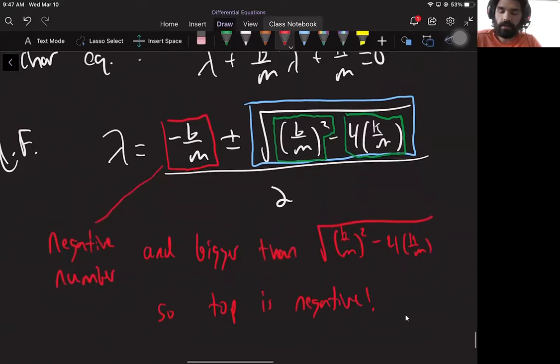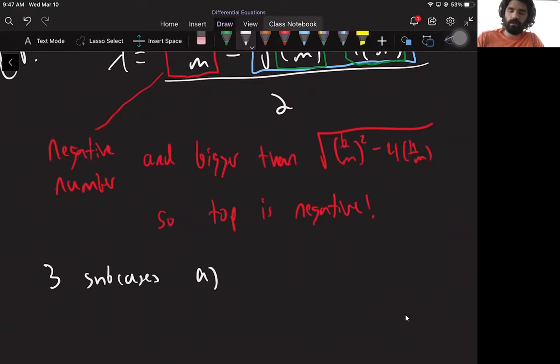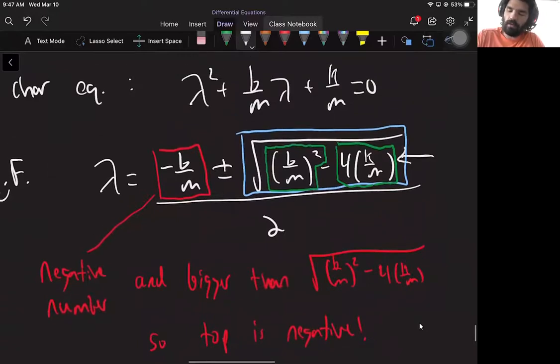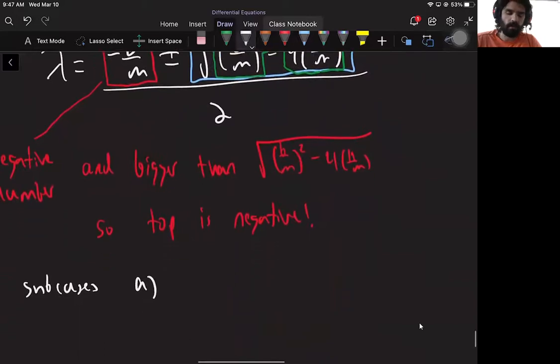So then there's going to be 3 subcases, like I said. So here's the first subcase. It's going to depend on the inside of the square root. Depending on what happens there, we'll get 3 different subcases.